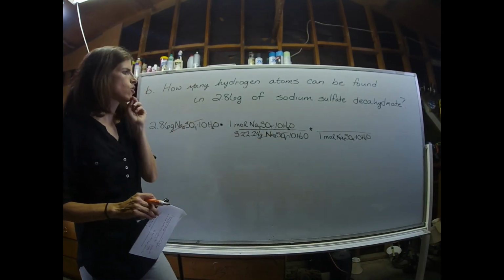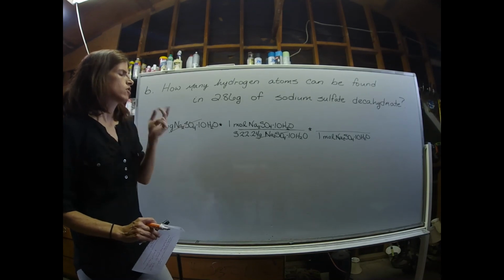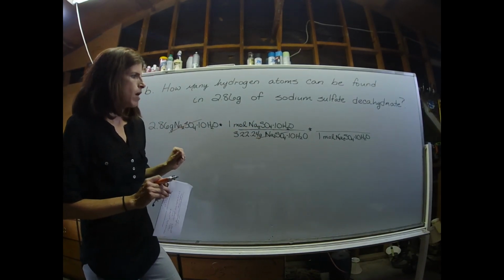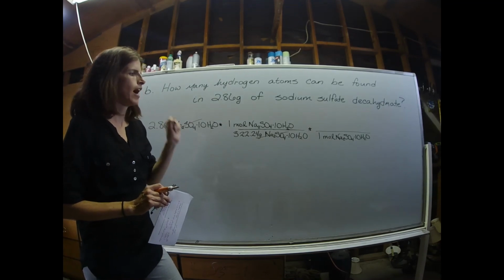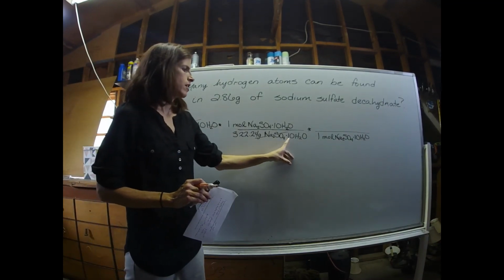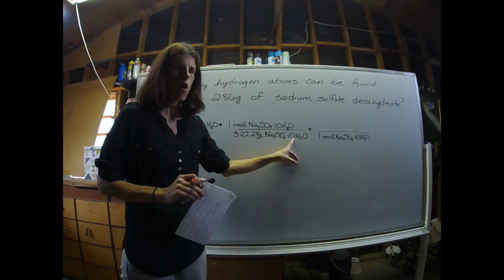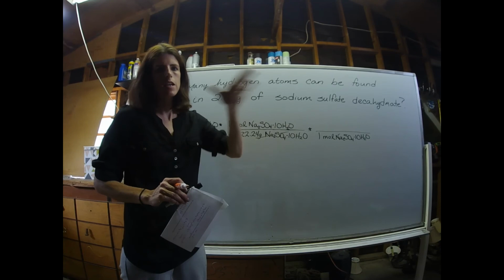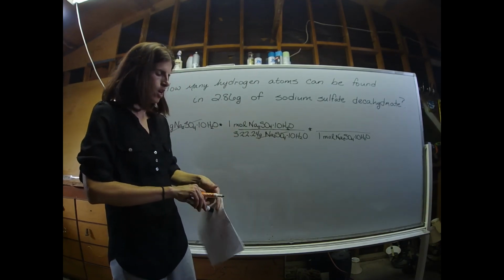And we're asked to go to hydrogen atoms. And so looking at the formula for the sodium sulfate decahydrate, I'm noticing that we have 20 hydrogen atoms. So it's going to be the fact that we have 10 molecules of water and each individual molecule has 2 hydrogens. 10 times 2 is 20.